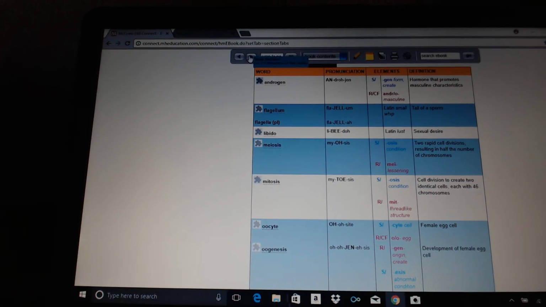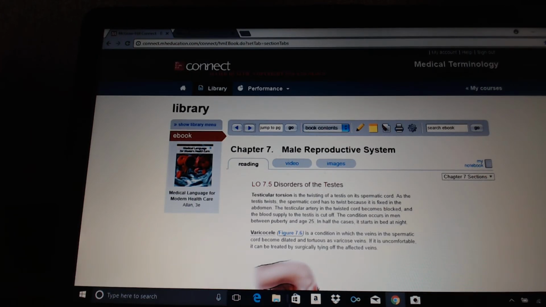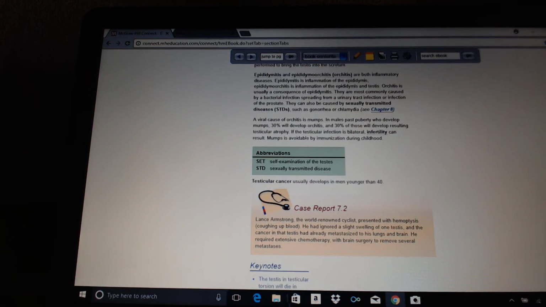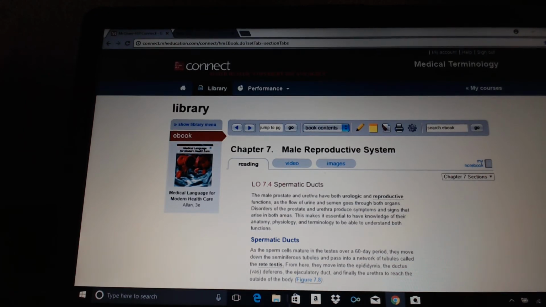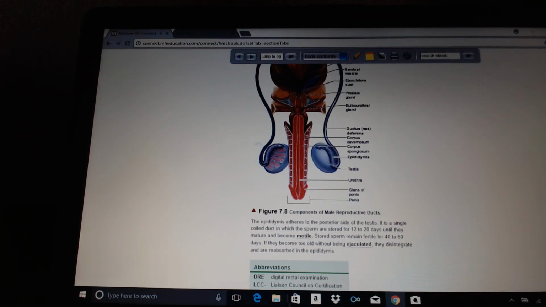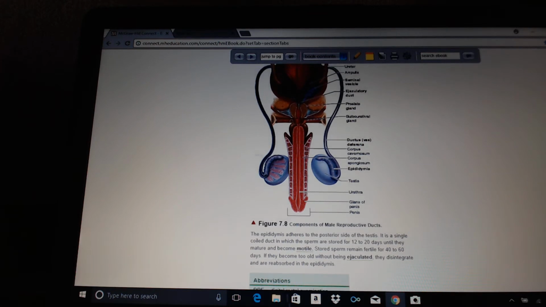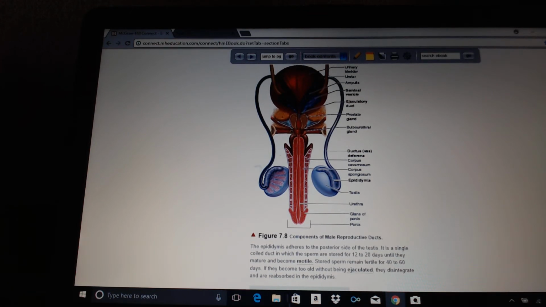It's going to serve to get the urine out of the body from the bladder, but it must become erect in order for the male to enter the female and then produce friction for ejaculation.